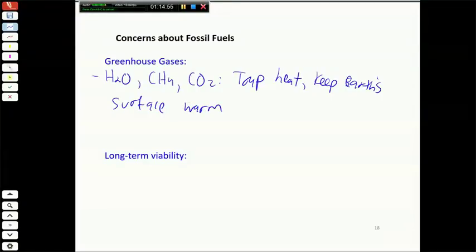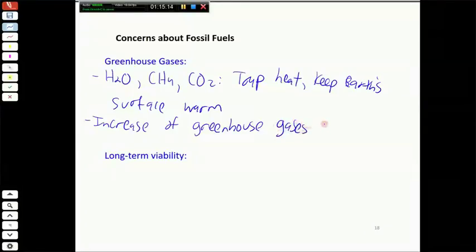All right, so they trap heat, and there's some concerns then that the surface of the Earth will be kept warmer than it should be, and that if we continue to put more of these greenhouse gases into the atmosphere, especially carbon dioxide, which comes from burning fossil fuels, the relevant one to what we're talking about today, this may warm the Earth to an unnatural level and cause some environmental problems and all that.